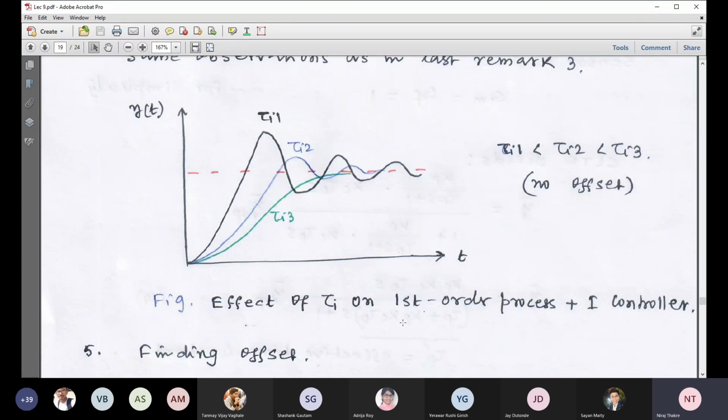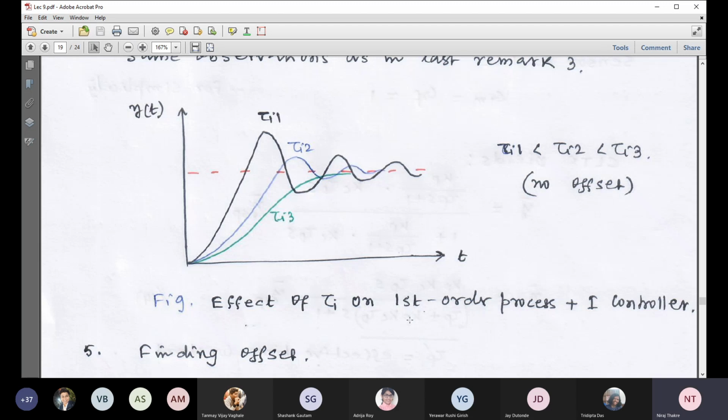So 0. Got the offset? This is 0. Yeah. What's your number? 19CH10061. Tridipta. Yes.